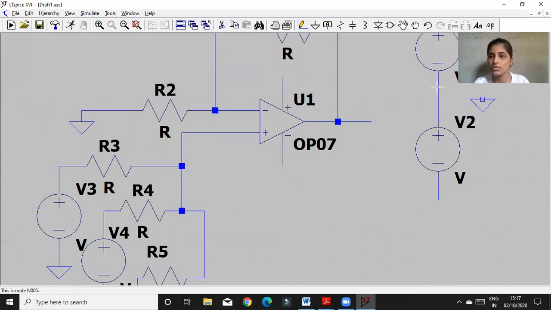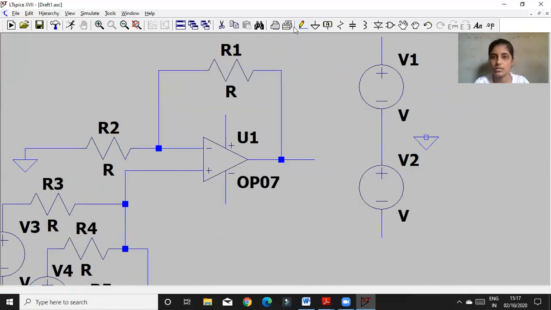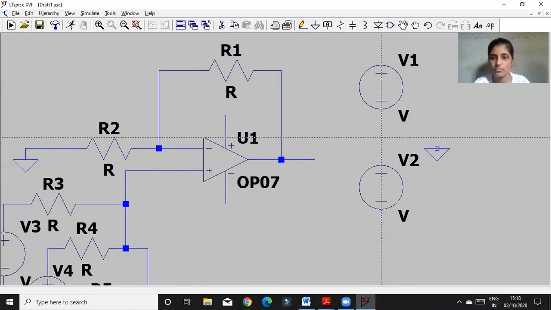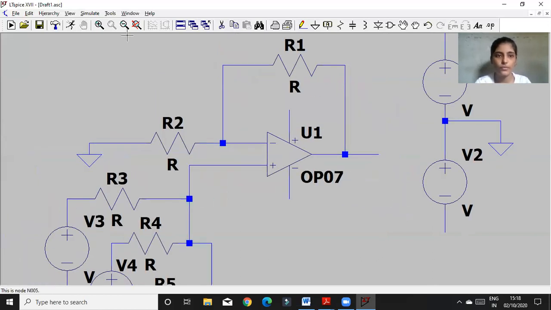I'm giving the common ground between the two voltage sources. So yeah, the circuit is ready now.